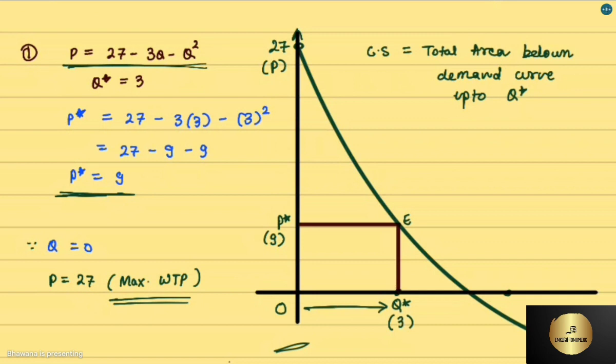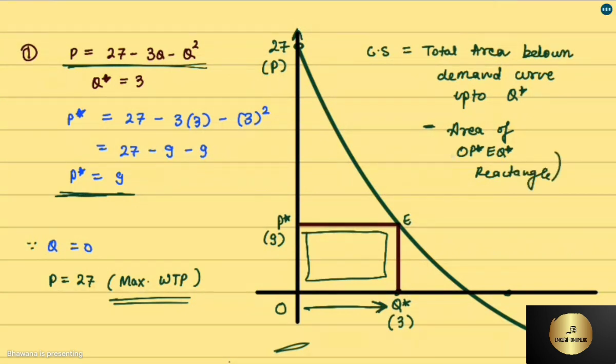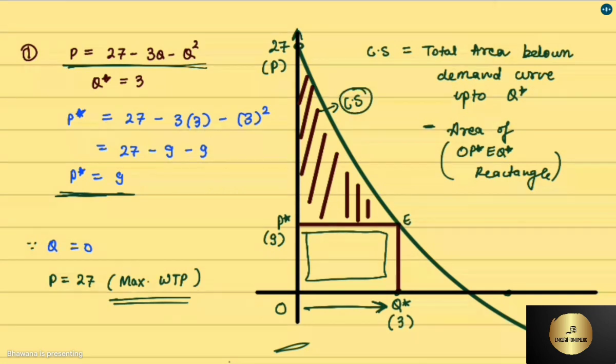Minus the area of this rectangle, which is the area of the O P star E Q star rectangle. Because as you know, this particular triangle represents the consumer surplus. So we have to find the value for this particular triangle.